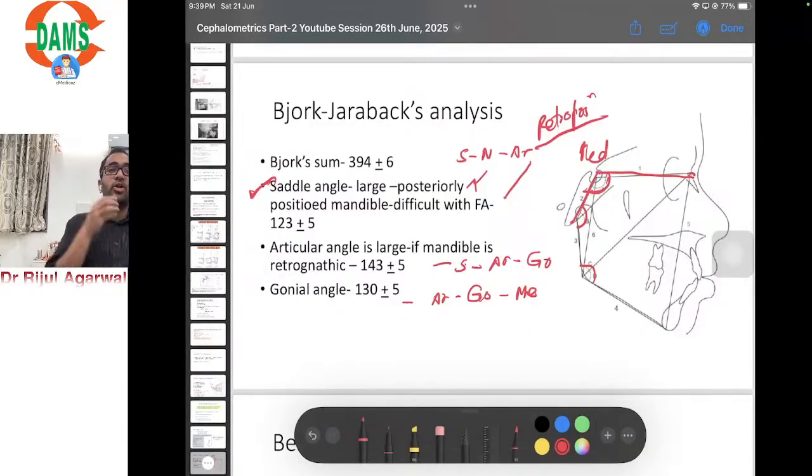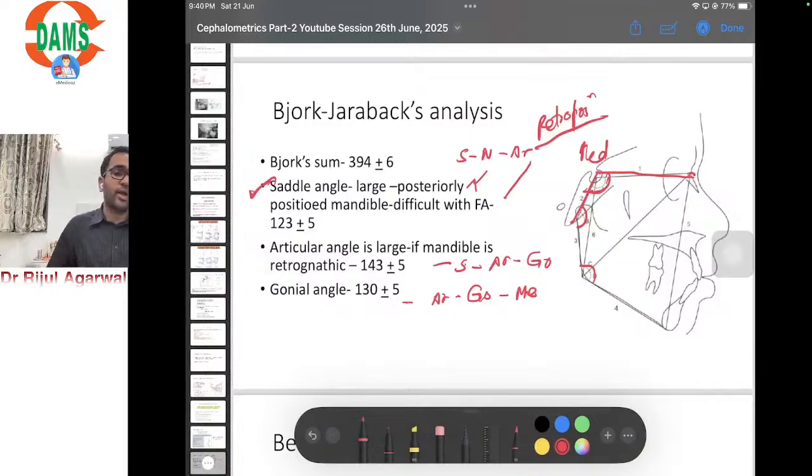With respect to the cranial base, it is in a posterior position. Whatsoever myofunctional appliance you give, you cannot position the mandible forward in the glenoid fossa. It will just relapse back. So evaluating the saddle angle becomes very important before beginning any kind of myofunctional therapy.